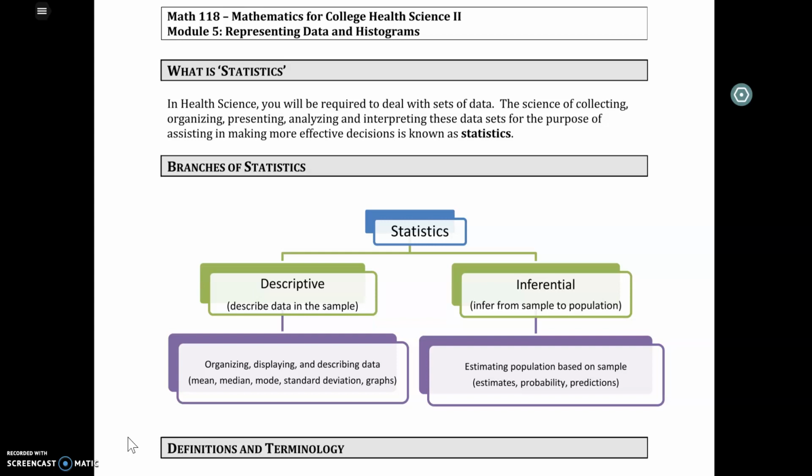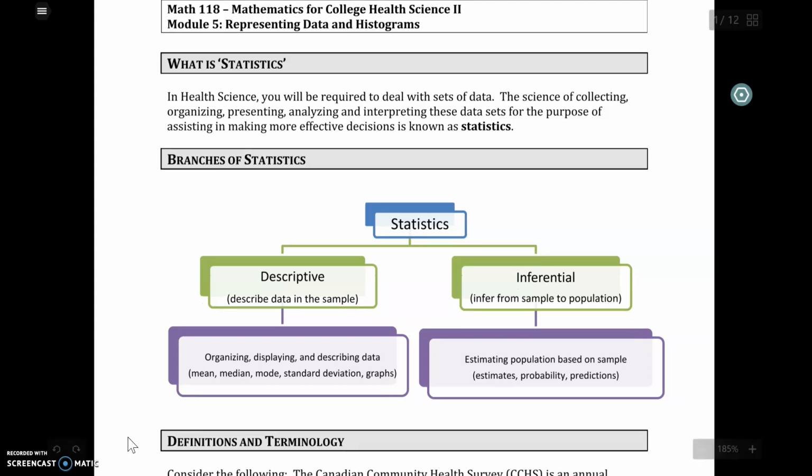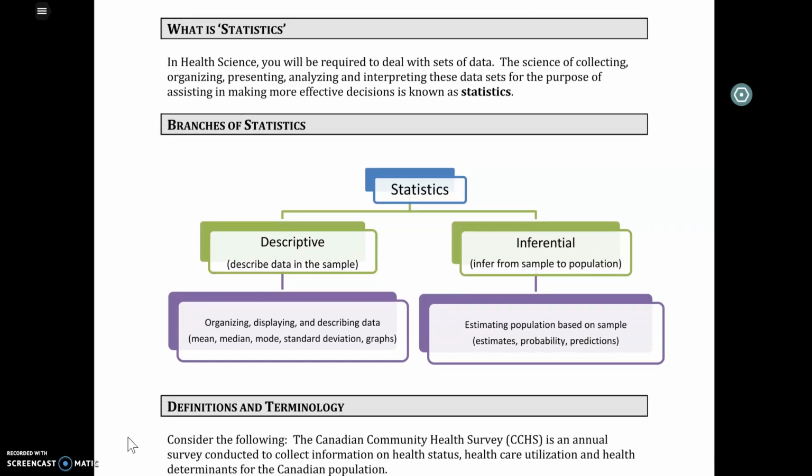People are familiar with the term, but you might not actually know what exactly statistics is about. So statistics is about analyzing data to interpret it and to possibly make decisions with it. There are actually 2 different branches of statistics.